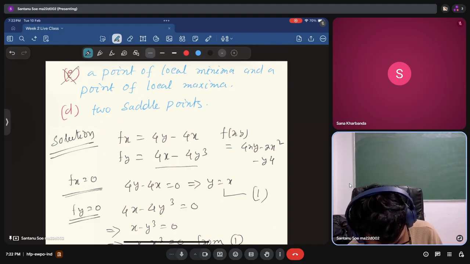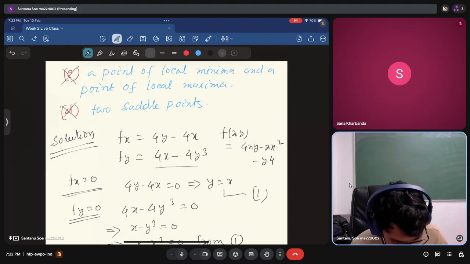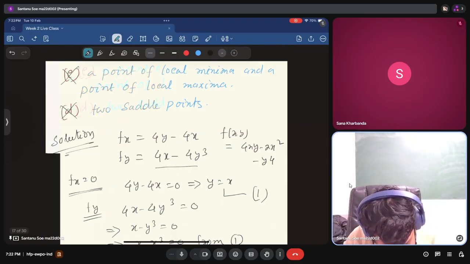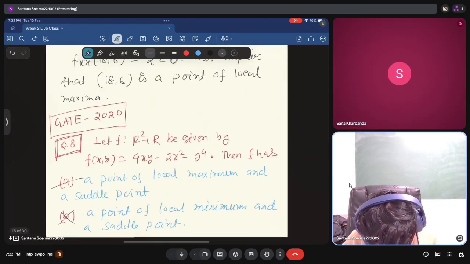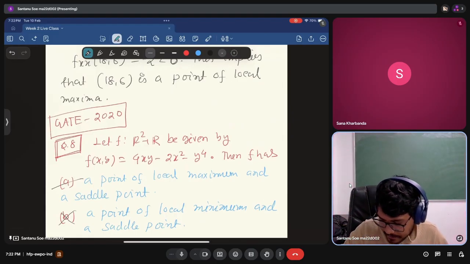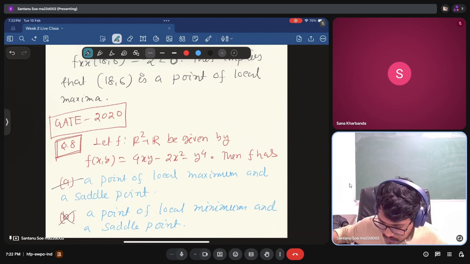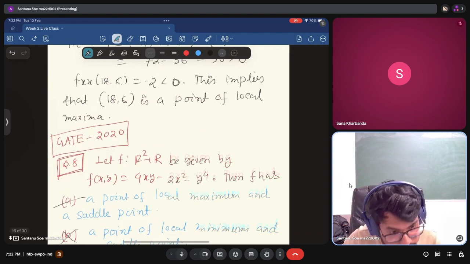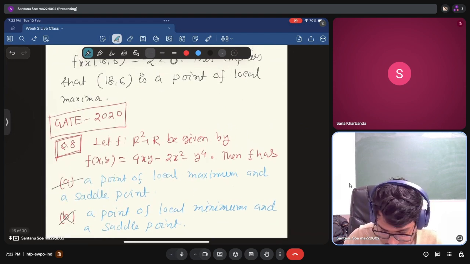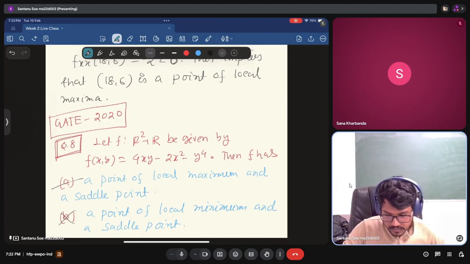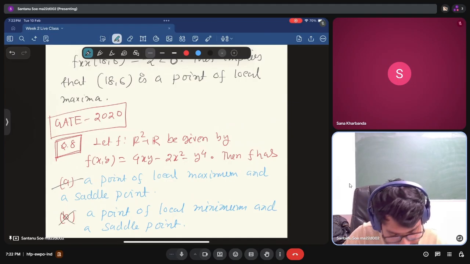Two saddle points is also not true because only one point is a saddle point, which is (0, 0). So only the first option should be correct. Okay. Is it clear, or is there any doubt? Is it clear?